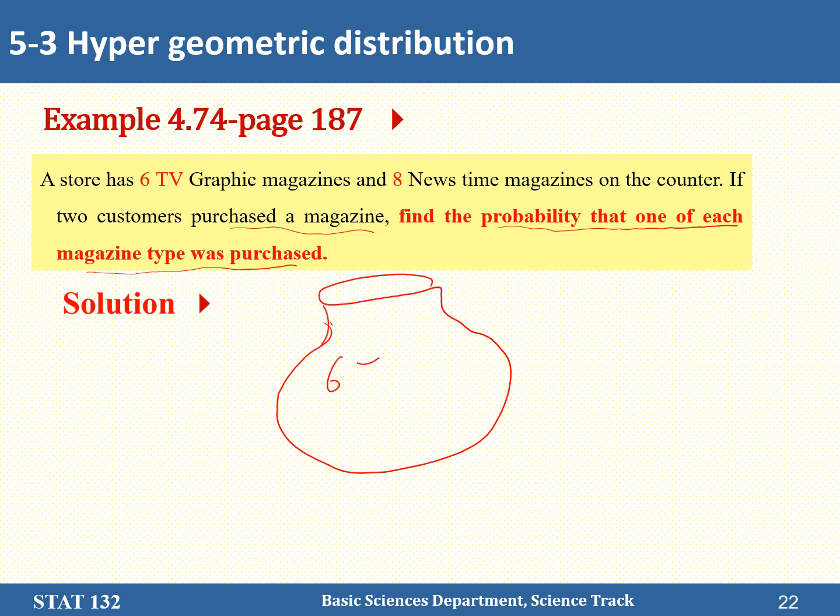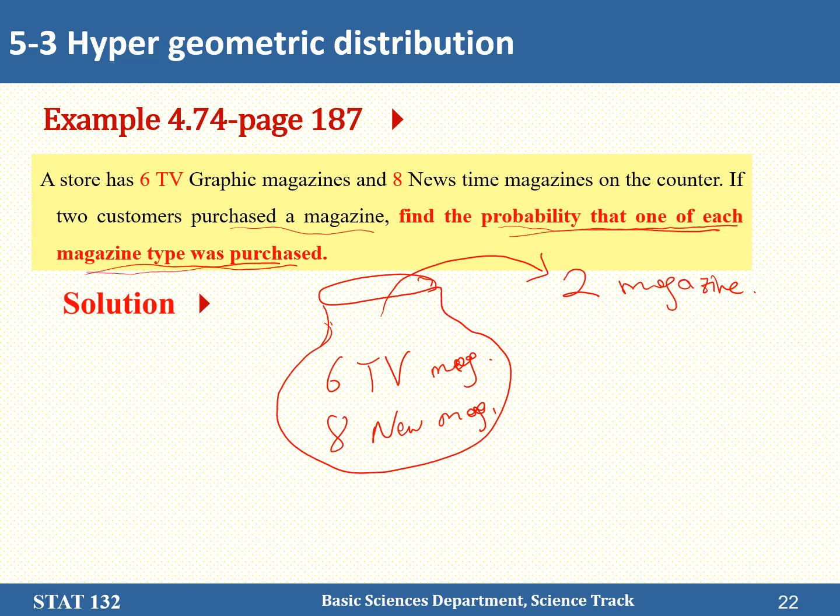Again, 6 TV magazines and 8 news magazines. Then 2 customers purchase a magazine, so 2 magazines are chosen. The question is to find the probability that each magazine type was purchased.